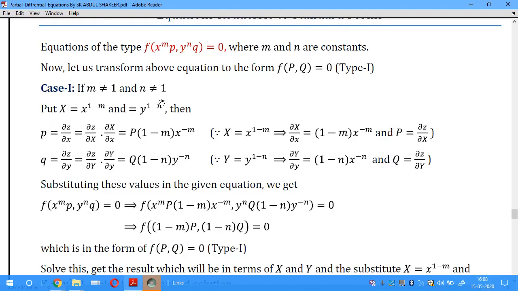Suppose m is not equal to 1 and n is not equal to 1. In this case, we have to put capital X = x^(1−m) and capital Y = y^(1−n).